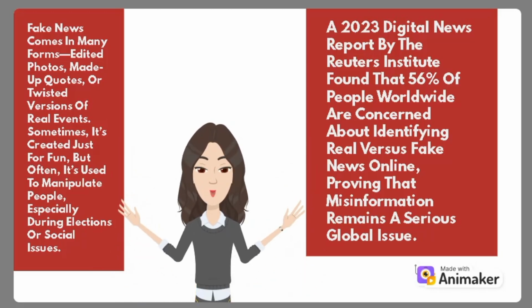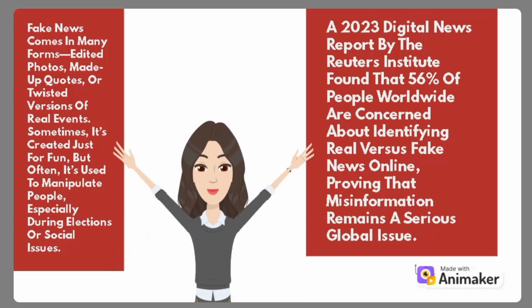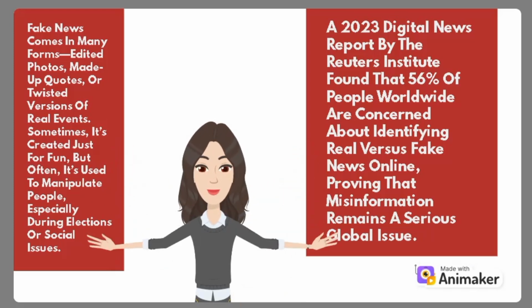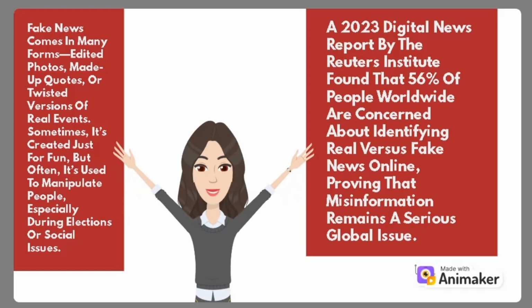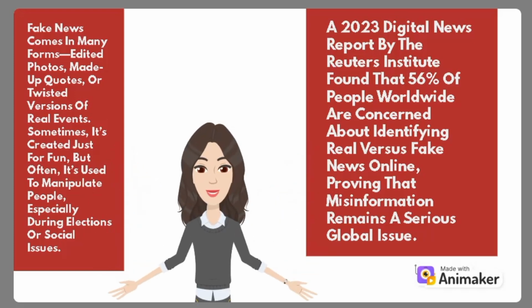Sometimes it's created just for fun, but often it's used to manipulate people, especially during elections or social issues. A 2023 Digital News Report by the Reuters Institute found that 56% of people worldwide are concerned about identifying real versus fake news online, proving that misinformation remains a serious global issue.